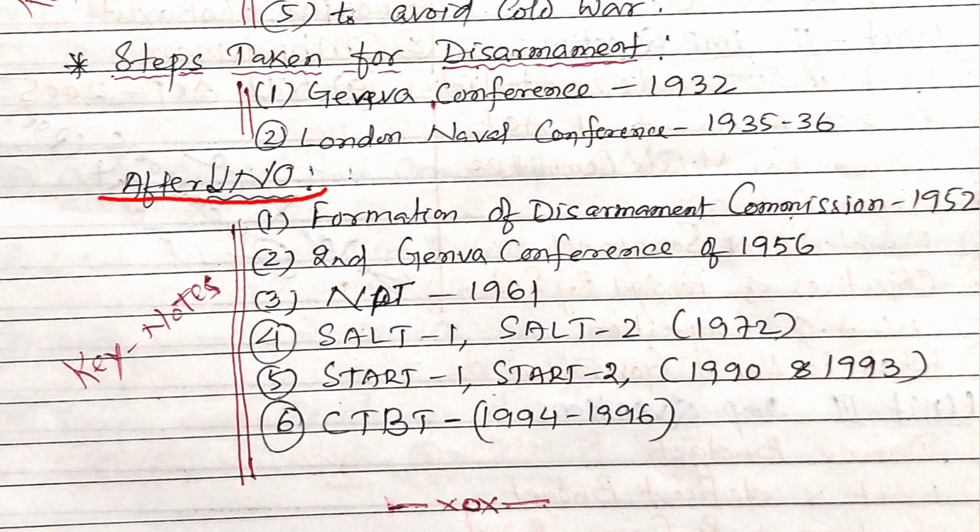That is due to the formation of the Disarmament Commission, reformed in 1952, and then the second Geneva Conference was also held to work out the previous Geneva Conference agreements. Then the NPT, Non-Proliferation Treaty, was formed in 1968. This was very crucial.